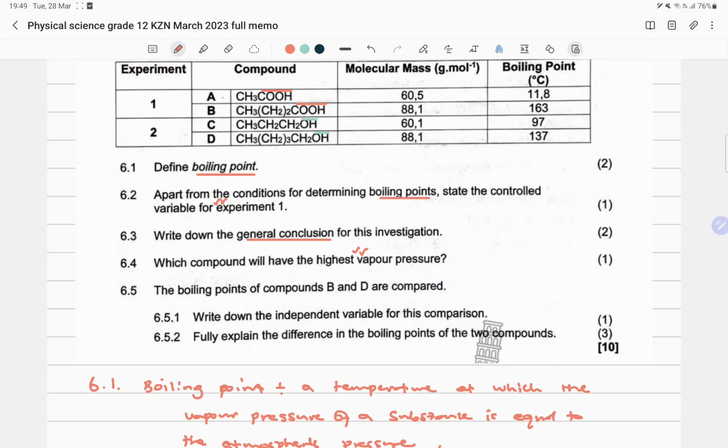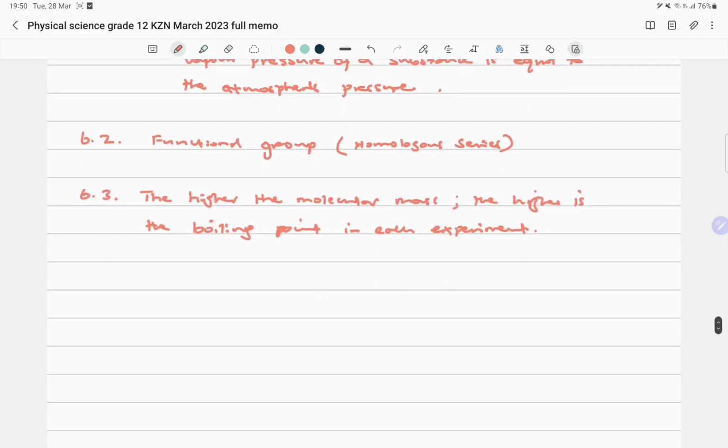The others will tend to resist going into a vapor compared to A. So we can say compound A. Okay.